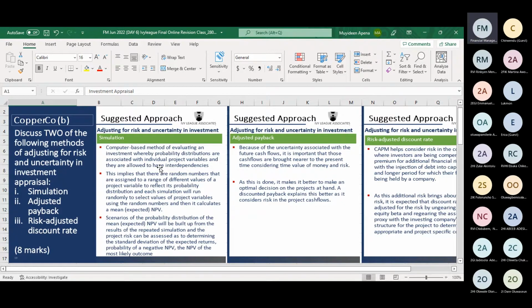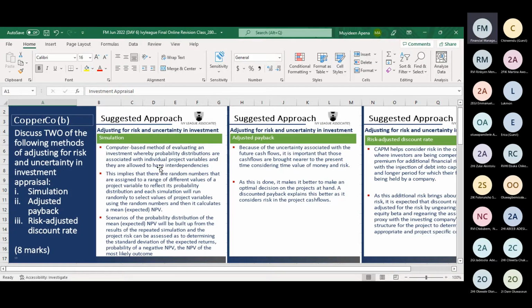So it uses probability analysis and it helps to test to get results as to what is likely to be the expected NPV. So also it can give us an estimate as to what is likely to be the probability of obtaining a negative NPV, or like we did now, the NPV of the most likely outcome.